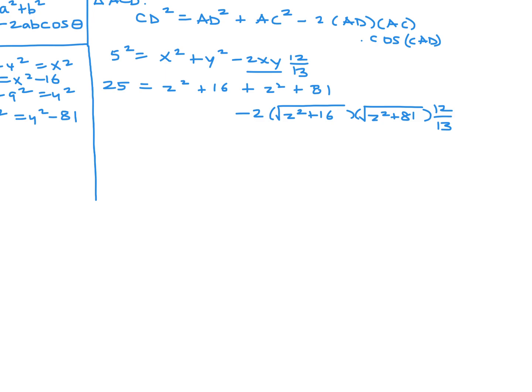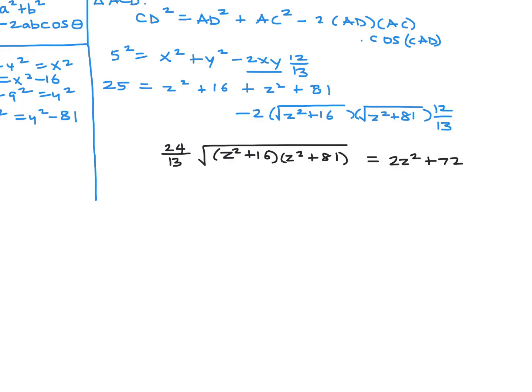Okay. Although it's messy, it's not as clean as I'd hoped. A lot of algebra here, but hopefully we can solve it at least. Okay, so put everything on one side, and when we do that, we get 24 over 13 times the square root of z squared plus 16 times z squared plus 81, and on this side, we get 2z squared plus 72.